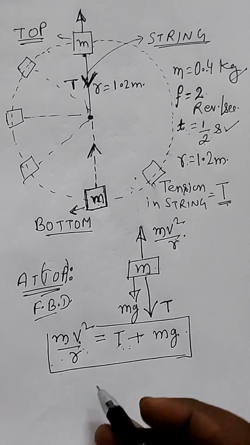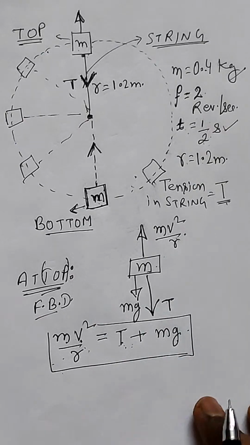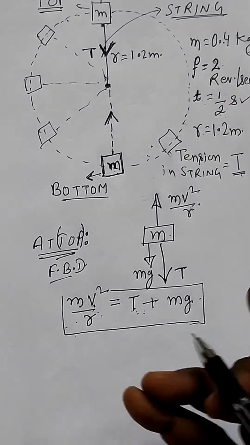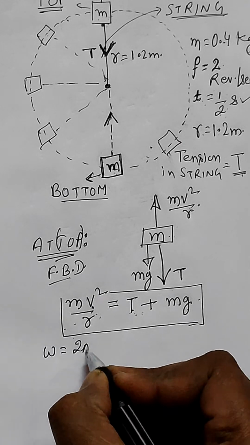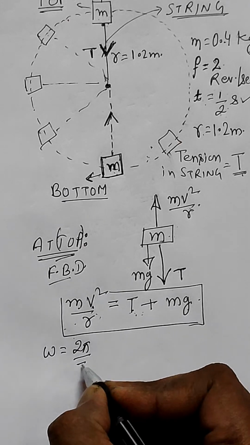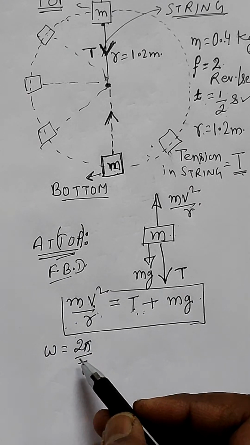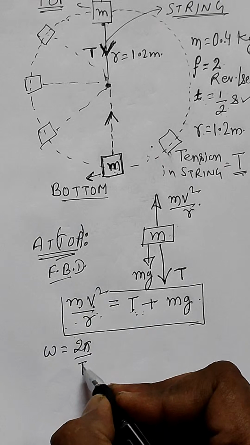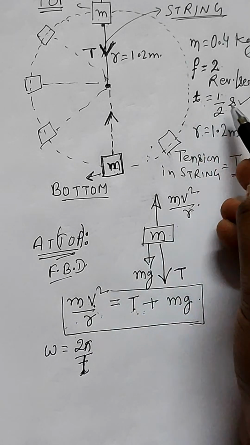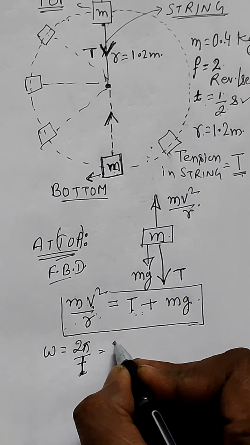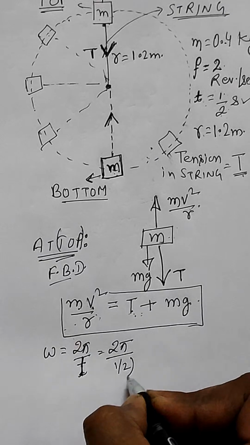Since omega equal to 2 pi by T, let us solve. Since omega, the angular velocity, equal to 2 pi by T, right? Omega equal to 2 pi by T. So we can say for this T of 1 by 2 seconds, we can see 2 pi divided by 1 by 2 seconds.